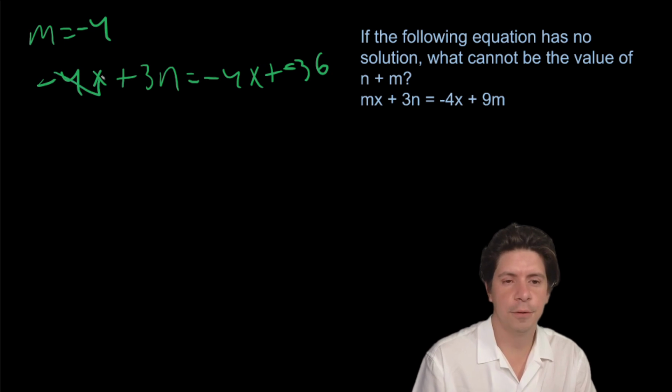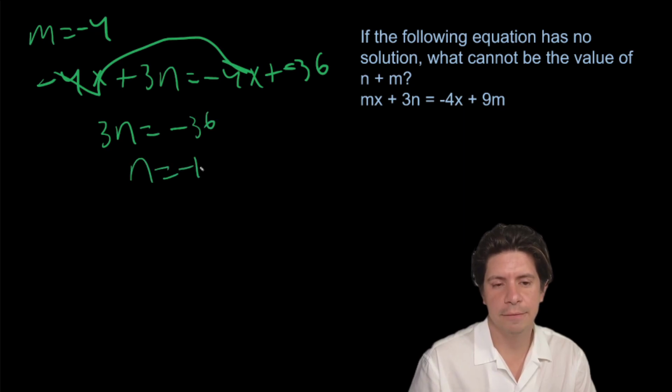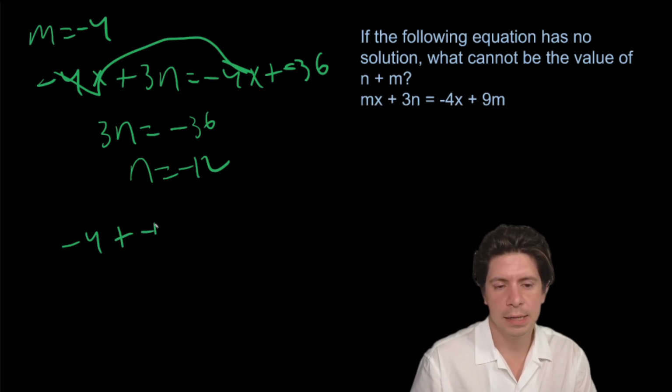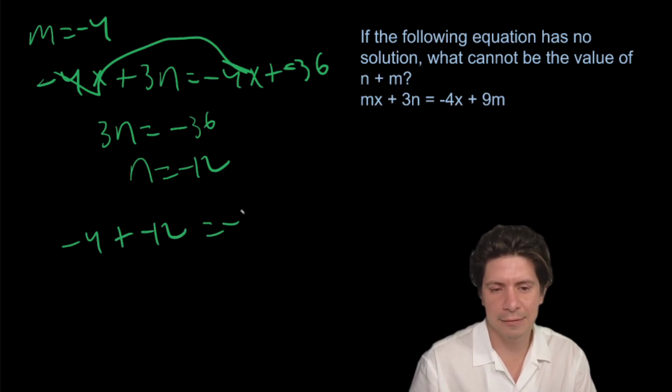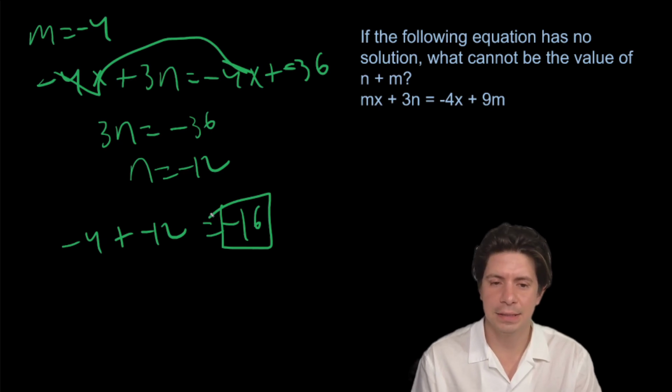So then the negative 4x's cancel, and we're left with 3n equals negative 36. So then n has to equal negative 12. The sum would then be negative 4 plus negative 12, and that will give us negative 16. N plus m cannot equal negative 16.